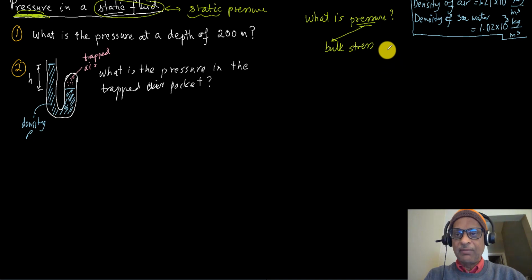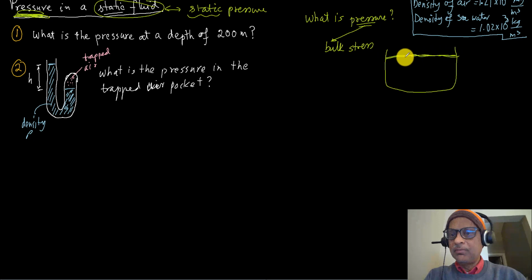Suppose for fluid you need a container, and fluid flows freely, so the surface will become flat, and gravity is this way. So it's static after it stopped flowing. If I look at some point here, what's the stress, bulk stress here?